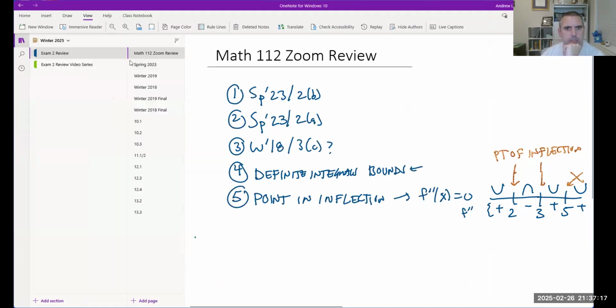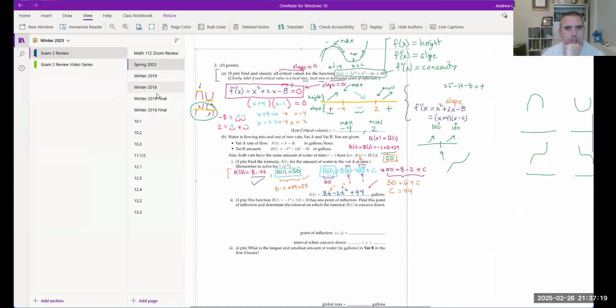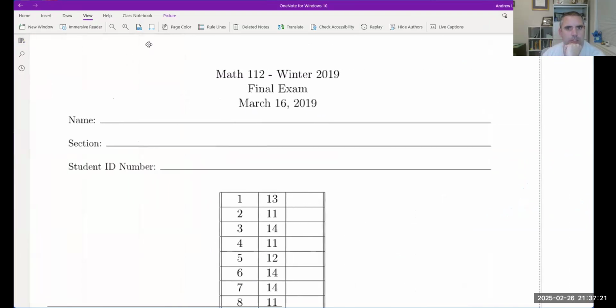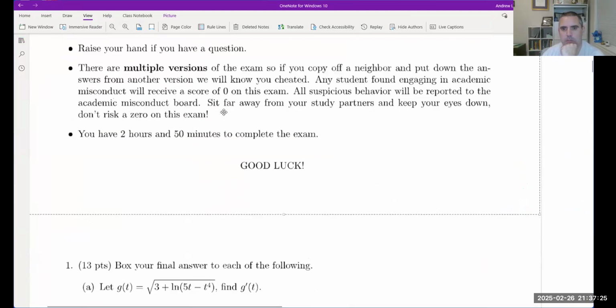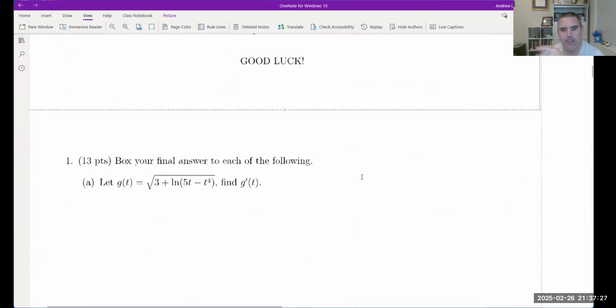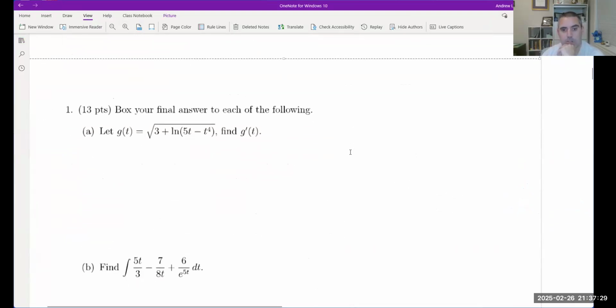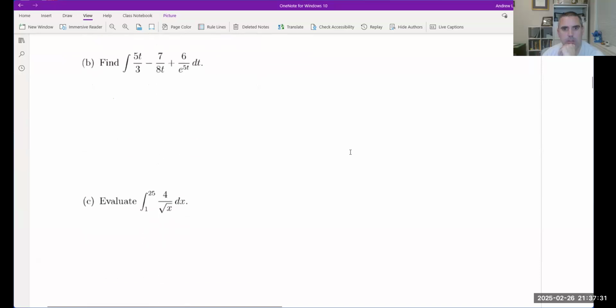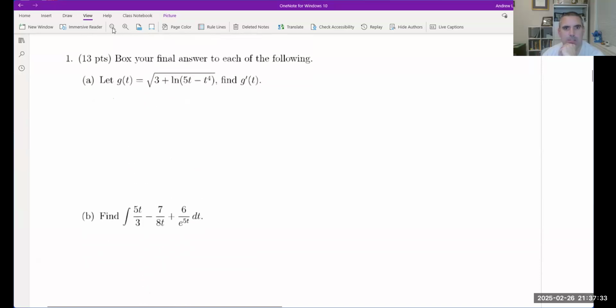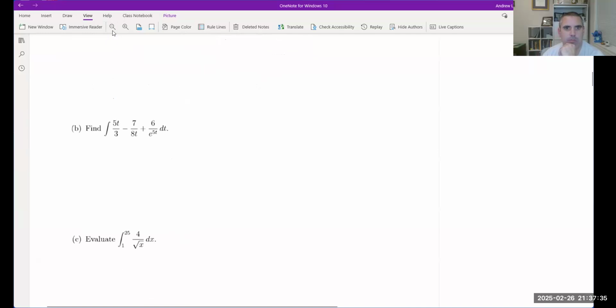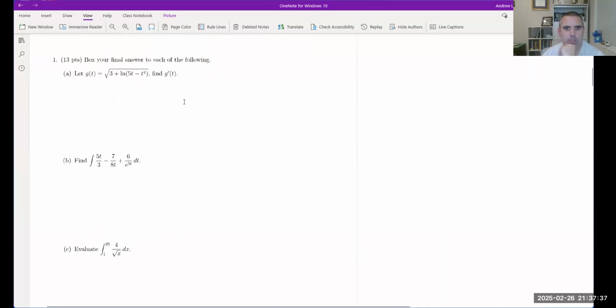Let's find something with a definite integral, perhaps. Maybe we can look at an old final. I don't know if that's a good idea or not. Winter 2019 final. This is something no one's looked at. There's a derivative, there's an integral. Let's do all 3 of those. Any objection? A derivative, an integral, and a definite integral.